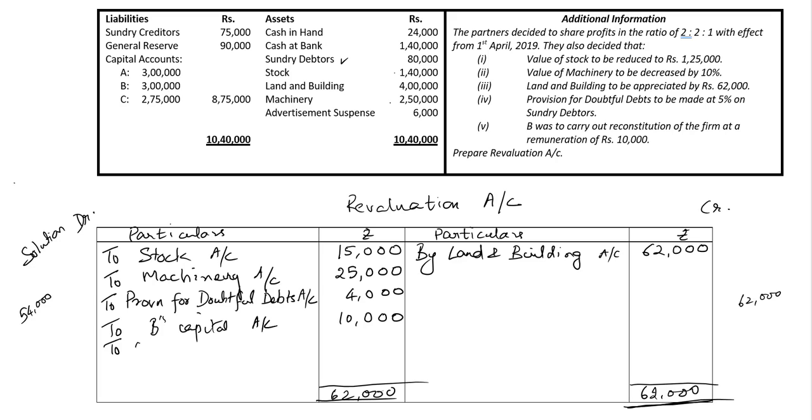Gain on revaluation transferred to partners' capital accounts. We have A, B and C. The total difference between 62,000 and 54,000 is rupees 8,000.